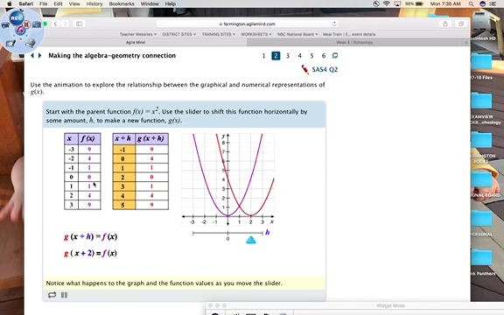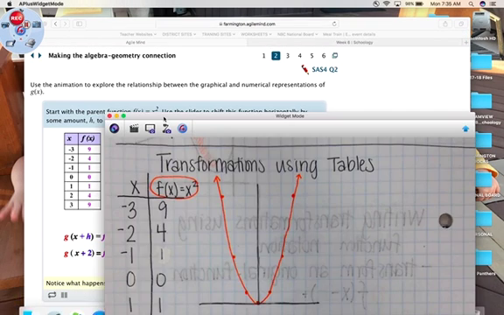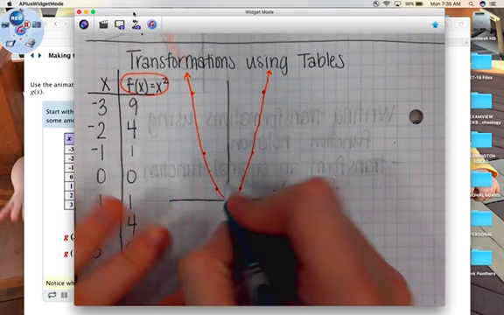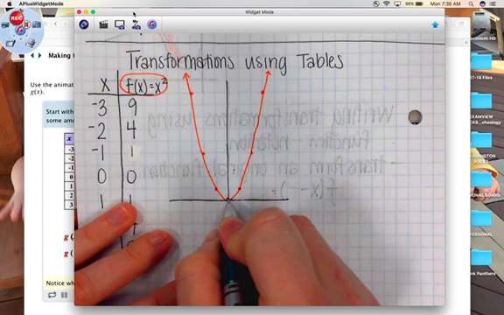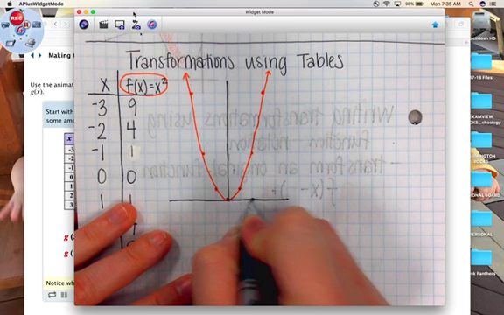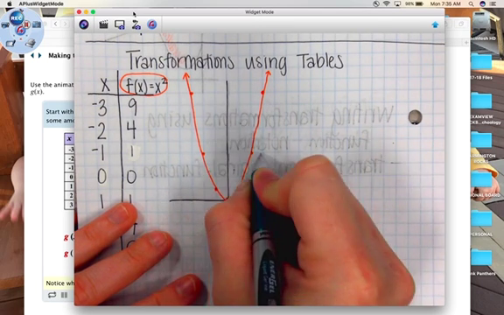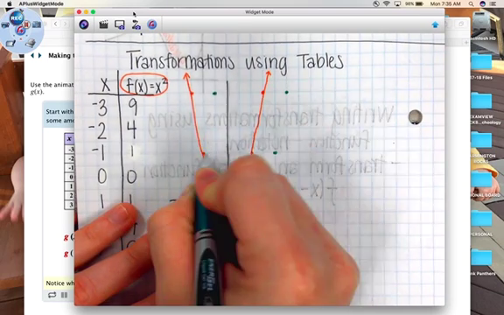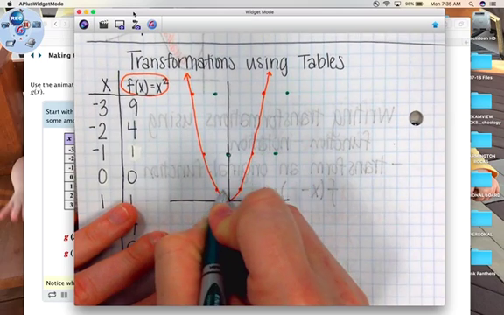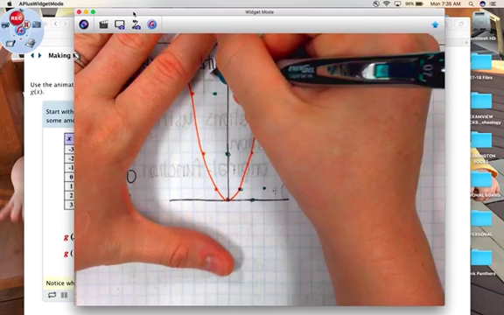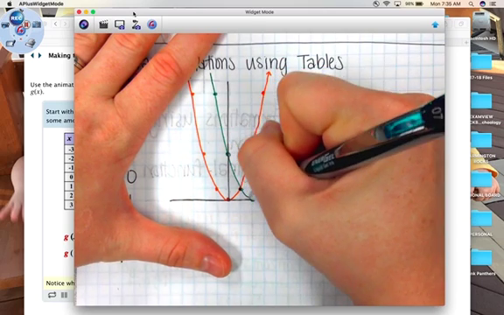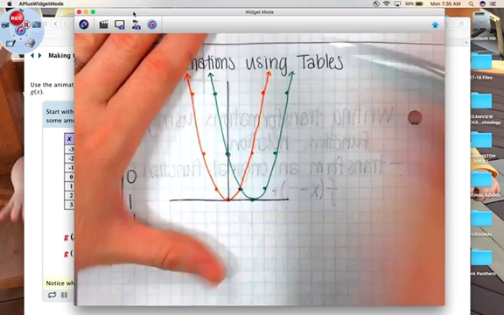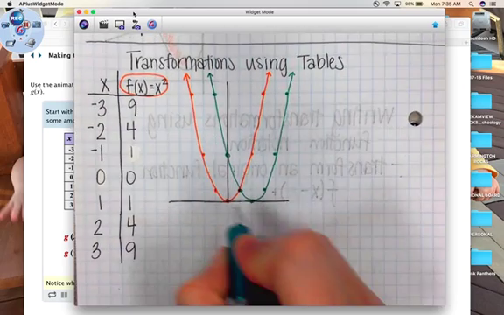Okay, so let's go ahead and write that out. So we're going to do a positive 2. I'm going to take each of these points and shift them over 2. So my new parabola is shifted to the right 2.